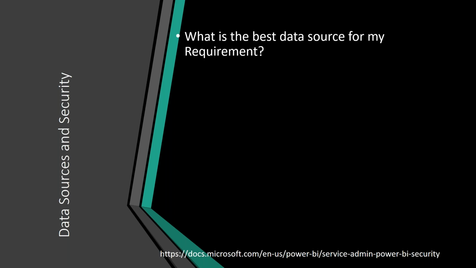So simple thing, if you need data segregation, I would always recommend analysis services and using role-based security. That way, if user A logs in, user A sees user A's data, or if user B logs in, user B sees user B's data.